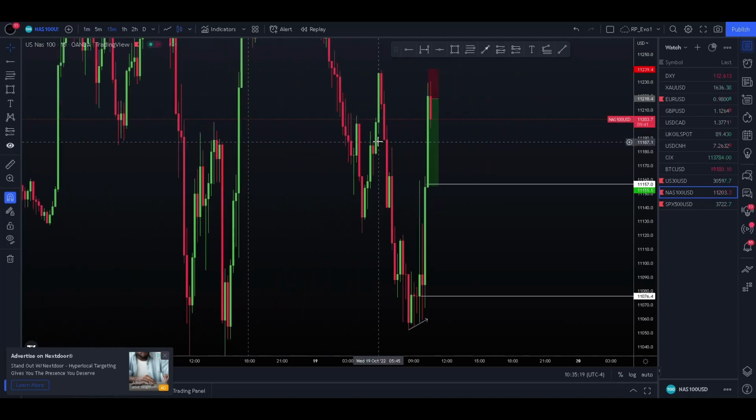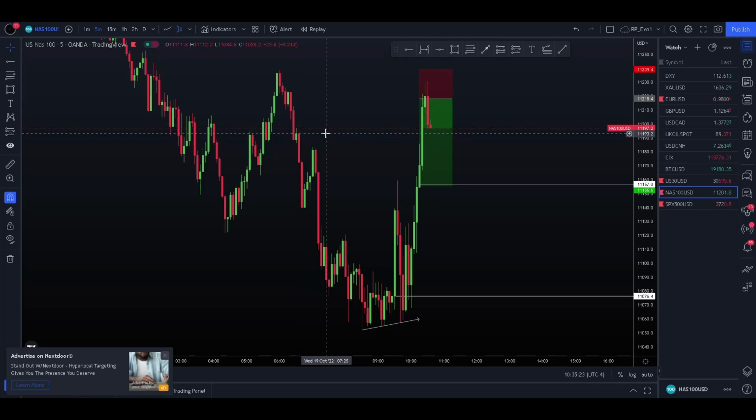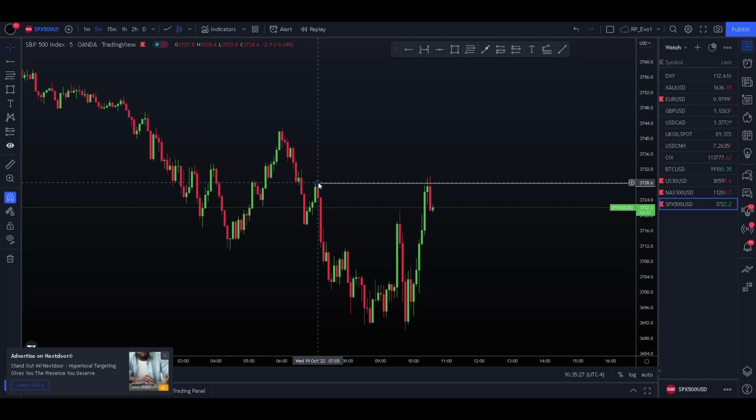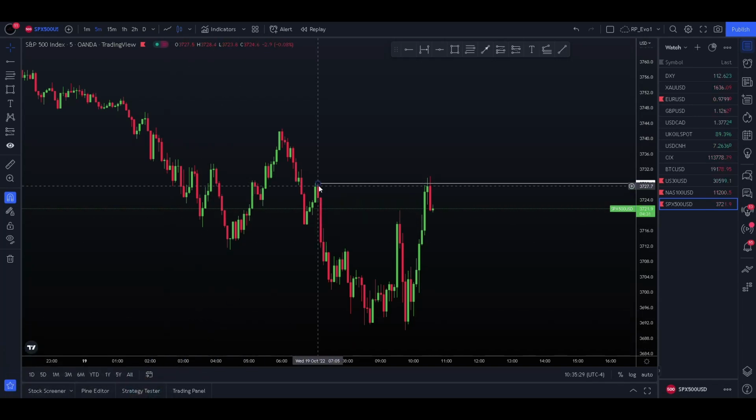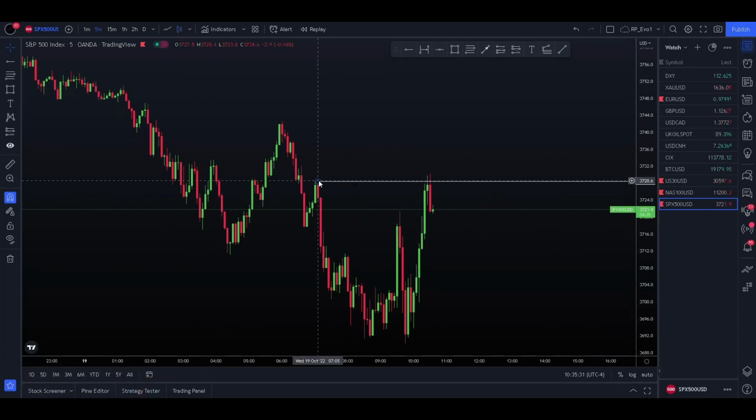But to me, this was the only significant swing high. And S&P, this was the only significant swing high, which formed at 7:05, starting from 7 o'clock, which is kind of the beginning of the New York session. And to me, this was enough.